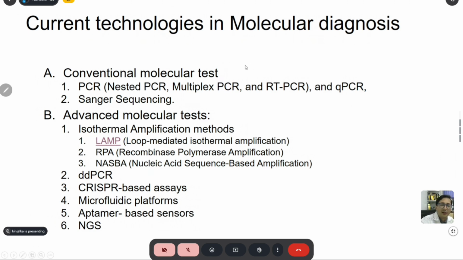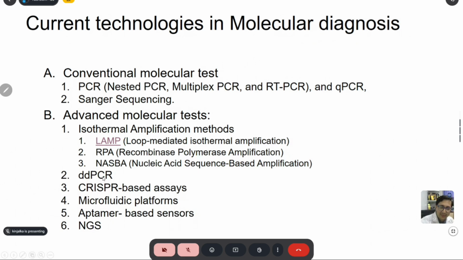So conventional molecular tests include PCR, which can be further classified as nested PCR, multiplex PCR, reverse transcriptase PCR, and quantitative PCR. Then you have Sanger sequencing, and newer molecular tests like isothermal amplification methods, which involve LAMP, or loop-mediated isothermal amplification, recombinase polymerase amplification, and nucleic acid sequence-based amplification.